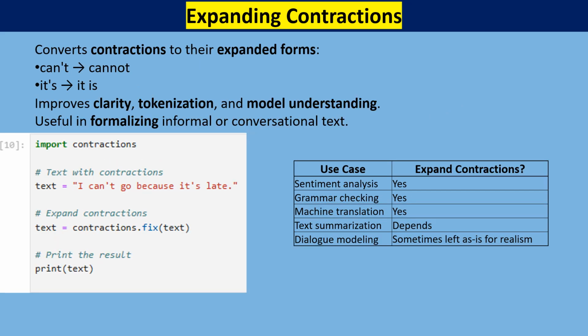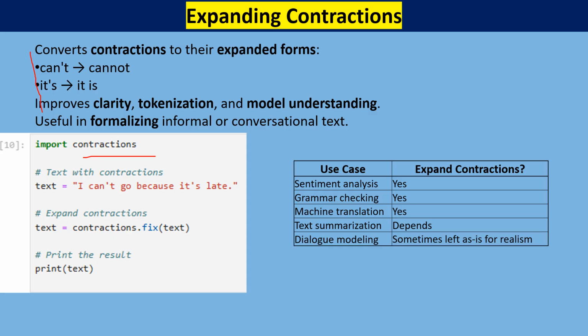Expanding contractions. Convert contractions into expanded form, like can't or it's. Contractions are common in spoken and informal written English, like don't, isn't, we're, I've. While humans easily understand contractions, NLP models do not. Expanding contractions reduces lexical diversity artificially caused by alternative forms.